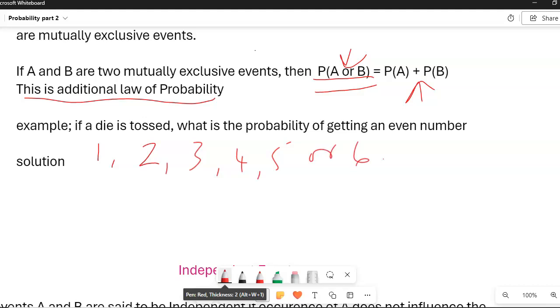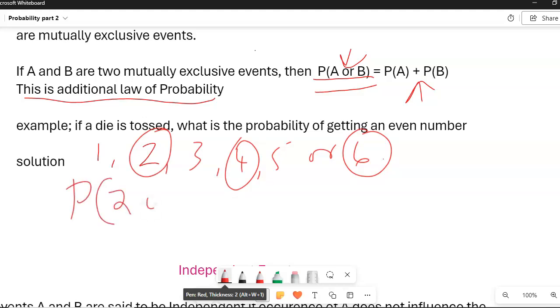Even numbers include 2, 4 and 6. So it is either probability of 2 or 4 or 6. When we have or, we are going to add.